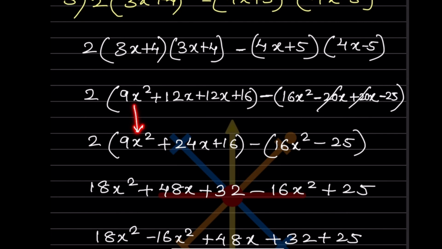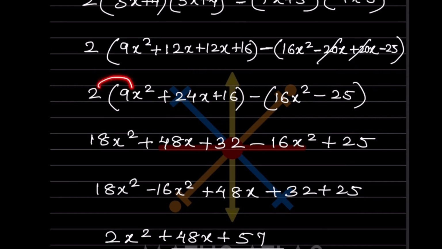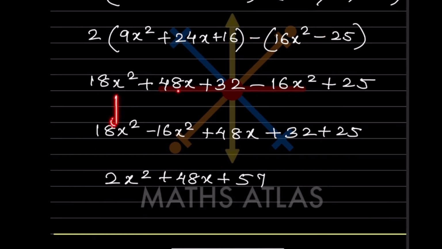So 9x square will be here, this will be 24x plus 16, minus 20x plus 20x get cancelled. So here what will you get, 18x square plus 48x plus 32. This will be minus 16x square, and this minus minus becomes plus 25.